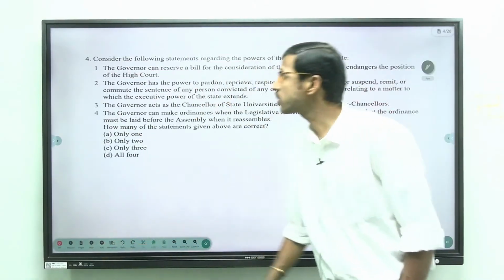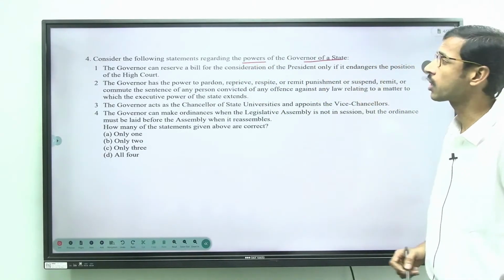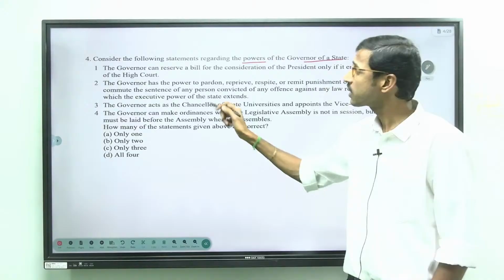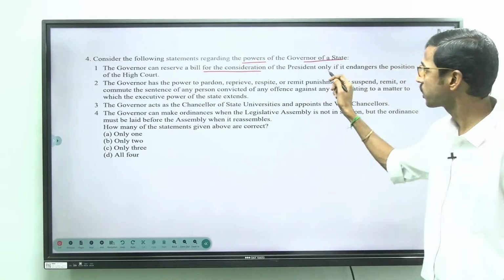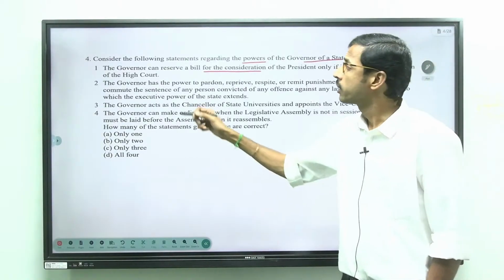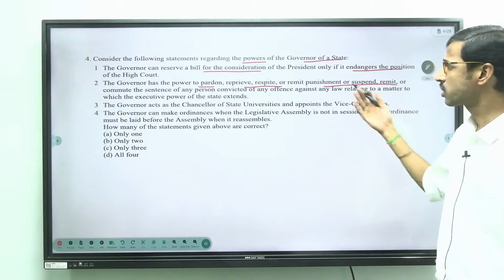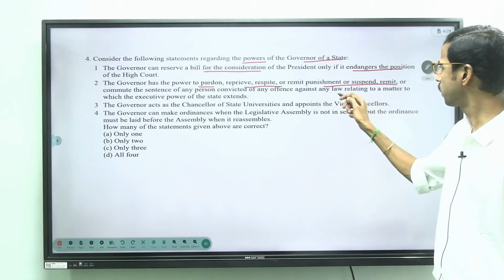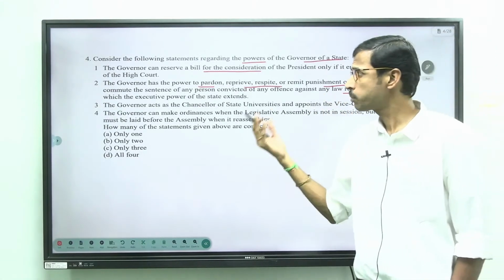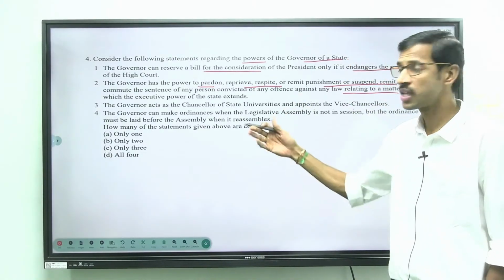So next, if you see the fourth important question, consider the following statements regarding the powers of the governor of a state. Governor can reserve a bill for the consideration of the president only if it endangers the position of the High Court. The governor has the power to pardon, reprieve, respite, remit punishment, etc. These are the complete pardoning powers the governor has, same as the president.